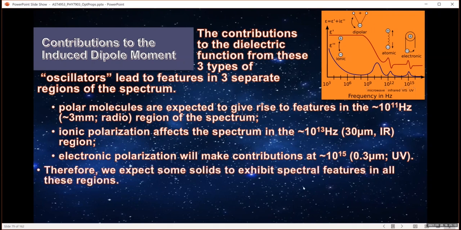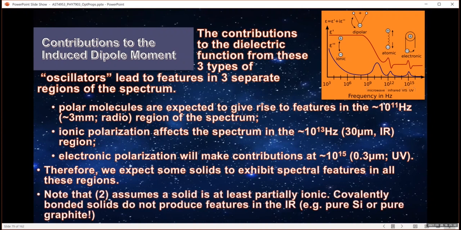We can expect solids to have features in their spectra in all of these regions. That is, that light can be absorbed in all of these regions, except for one. So we can have some ultraviolet absorptions or visible absorptions. We can have some absorptions due to polar molecules, but for the middle one, the ionic polarization, that assumes that the solid is ionic. That is to say that there is an uneven sharing of the electrons between the two parts of the material.